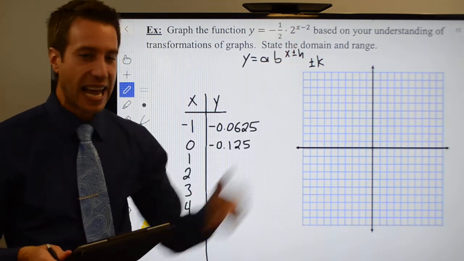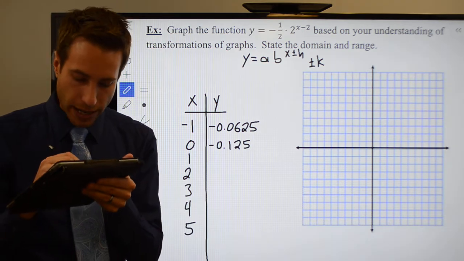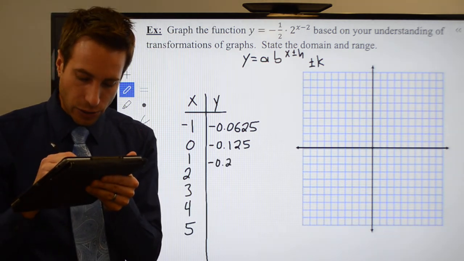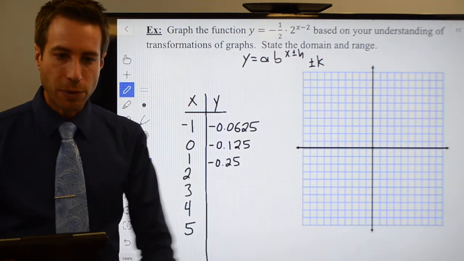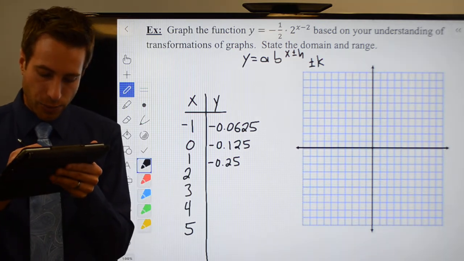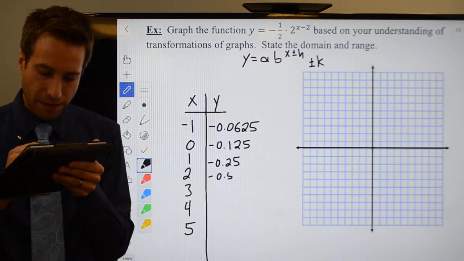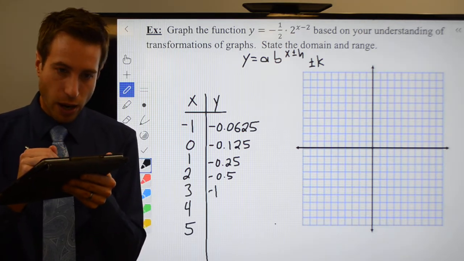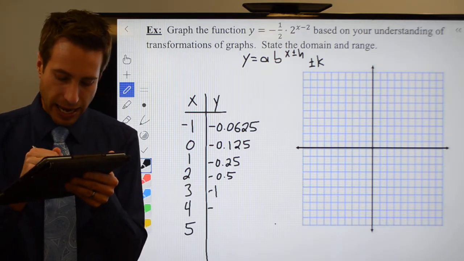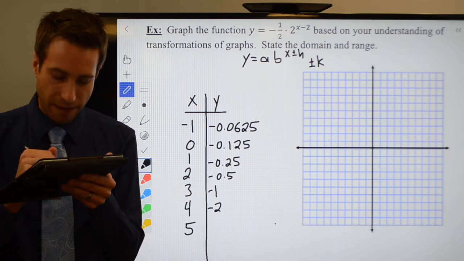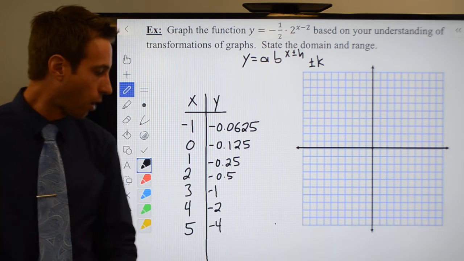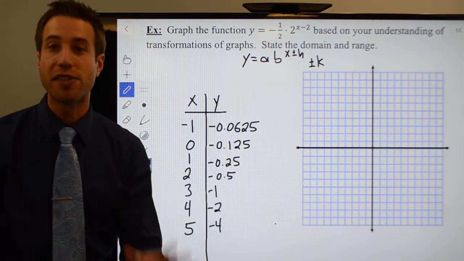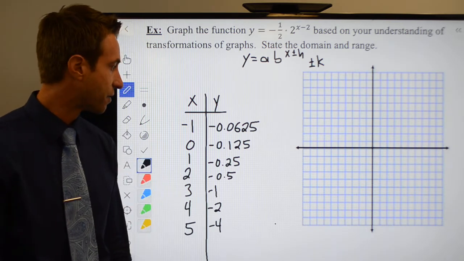If you plug in a 1, you should wind up with negative 0.25. If you plug in a 2, I wind up with negative 0.5. If you plug in a 3, I get a negative 1. Plug in 4, I get a negative 2. Plug in a 5, I get a negative 4. Anyway, that should be more than enough points to go ahead and graph this function.